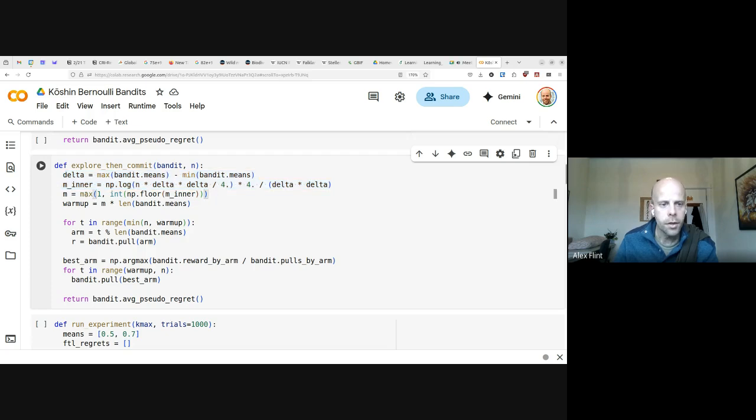And then all of this stuff with maxes and floors, casting to integers, and then the warm-up time period is that parameter m times the number of means. So then we basically pull arms in sequence for this calculated warm-up period, as you all know. And then this same expression gets the empirical best arm, and then you just pull that arm for the remaining number of times.